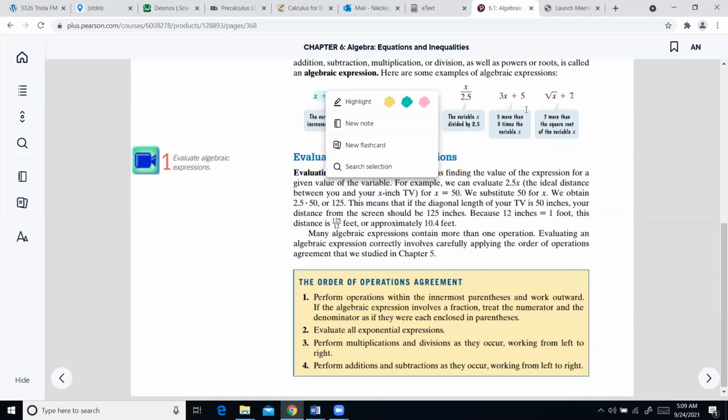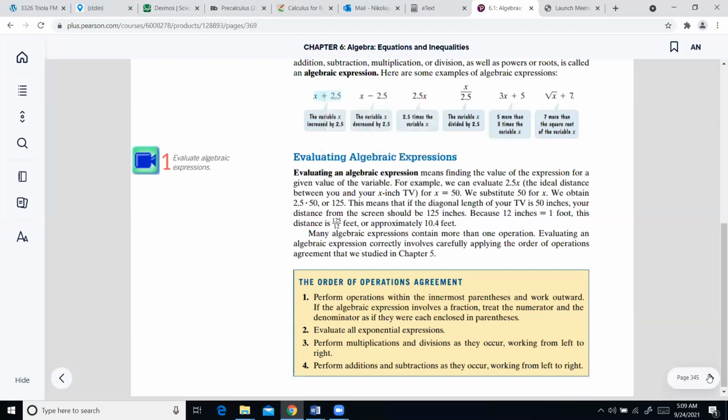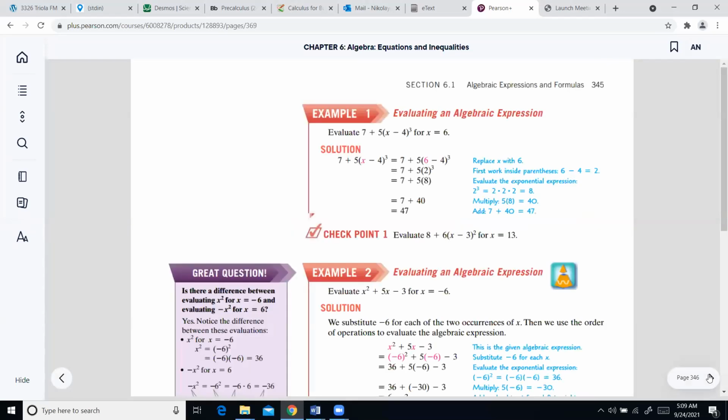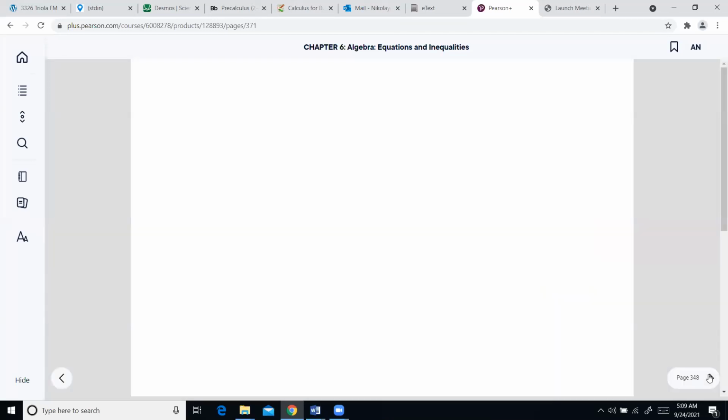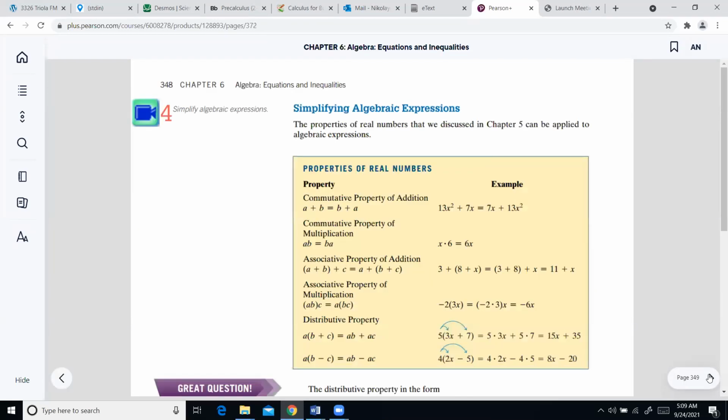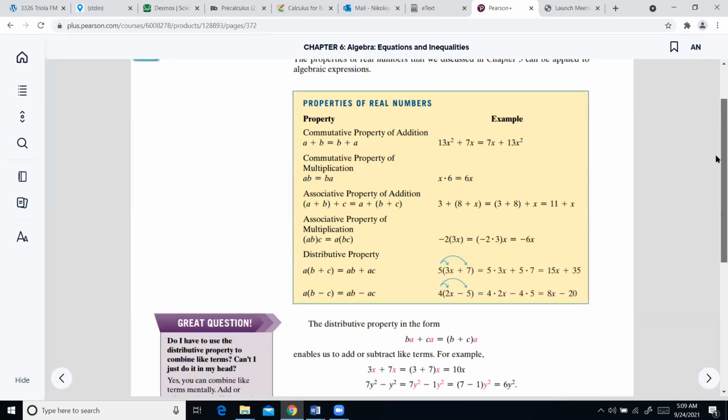So there's some kind of formula that wants you to plug in a number for x and you get some result out. So let us take a look at the exercises in this section, because I'm sure this is familiar, because it works with formulas and also with so-called order of operations.